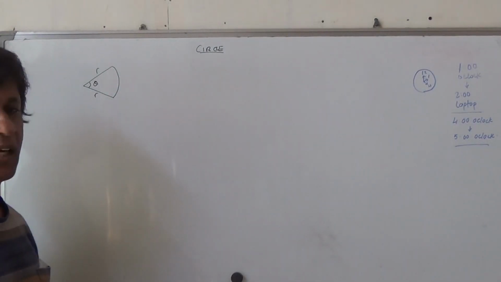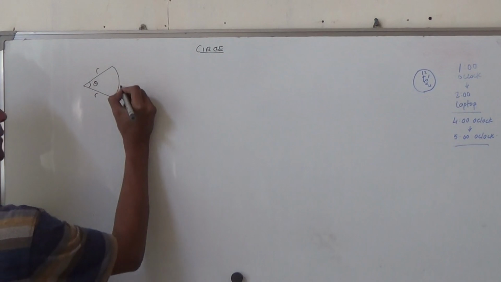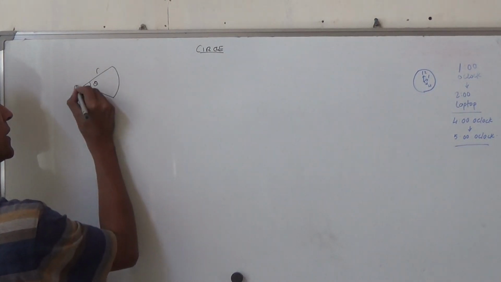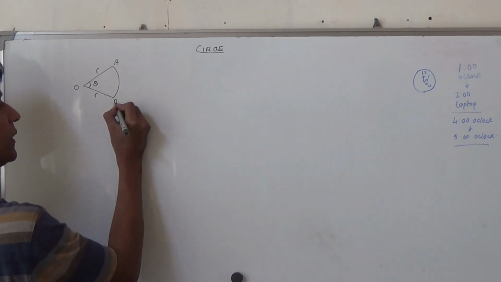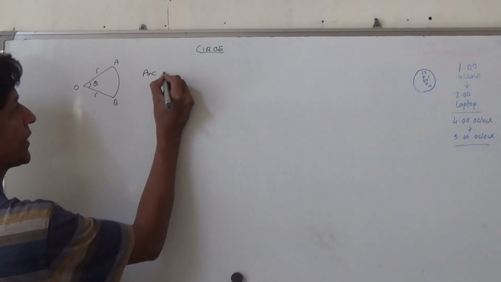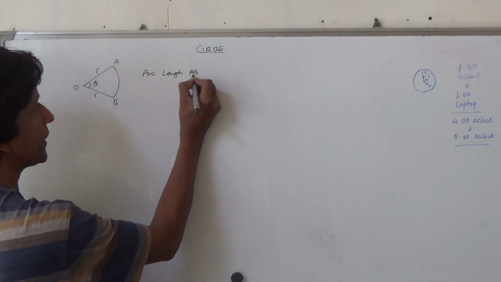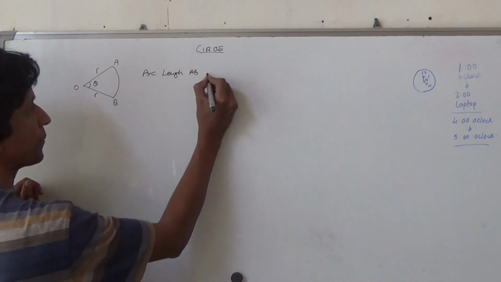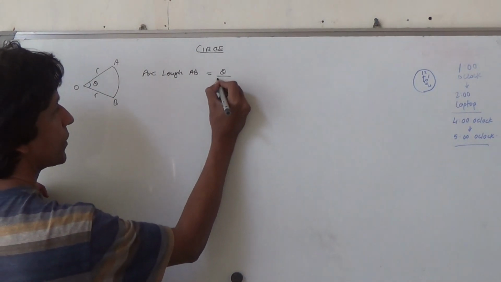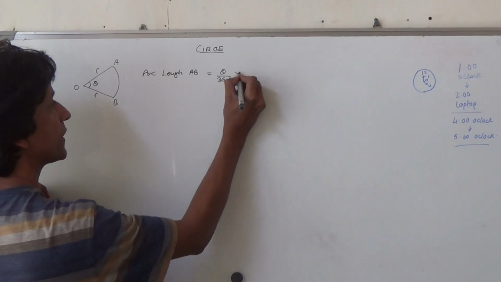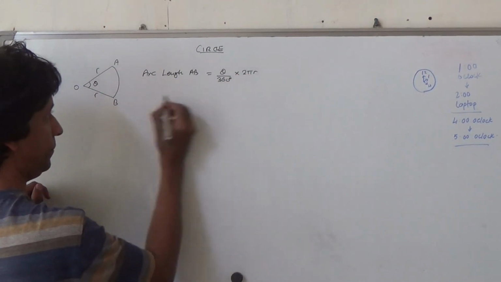So how are we going to find the arc length? Let's say this is OAB, and I want to find the arc length of AB. Well, this is given by theta over 360 degrees times 2 pi r.